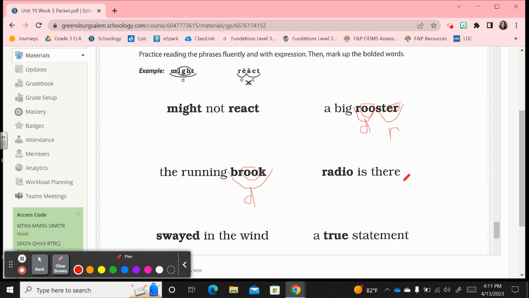Radio is there. Ra, di, o. This is long A, open. Di, this is like that champion E. So you're going to mark this as an open syllable exception, right?